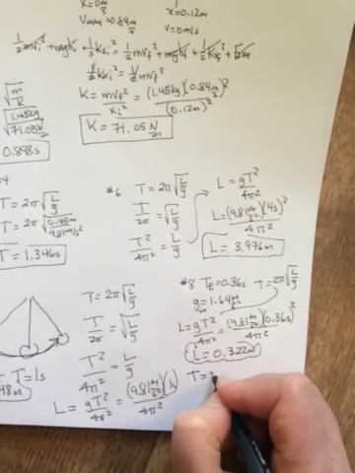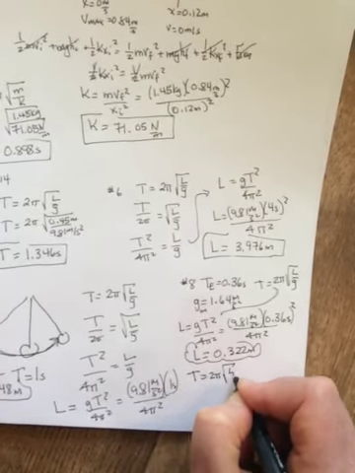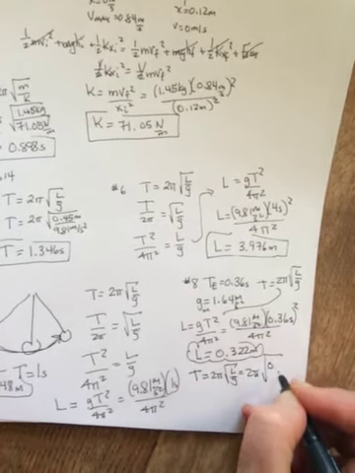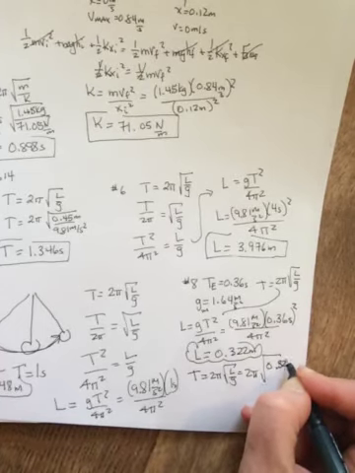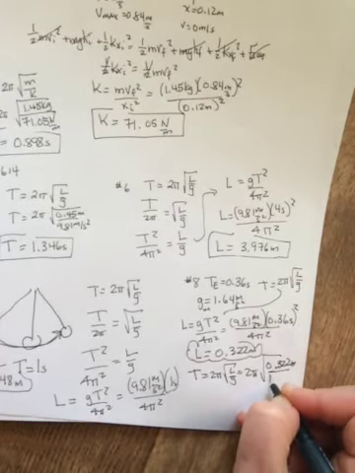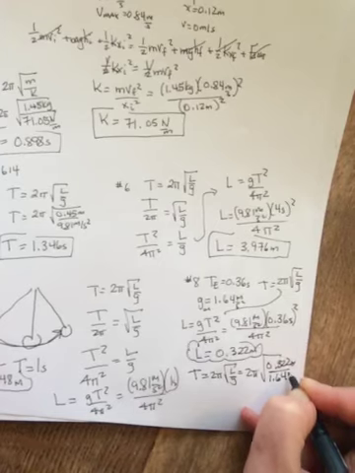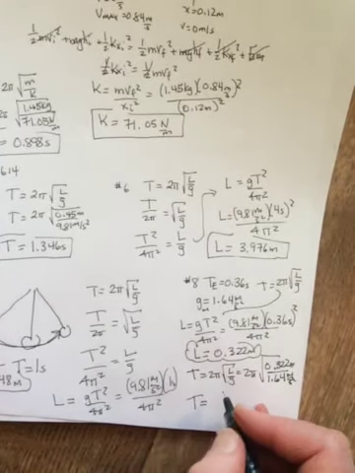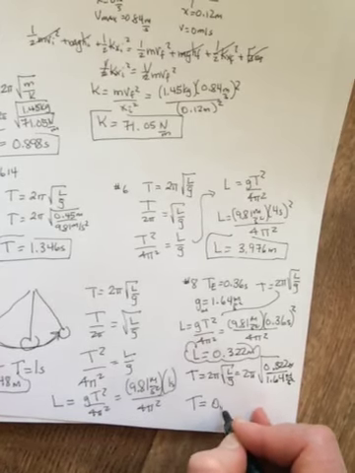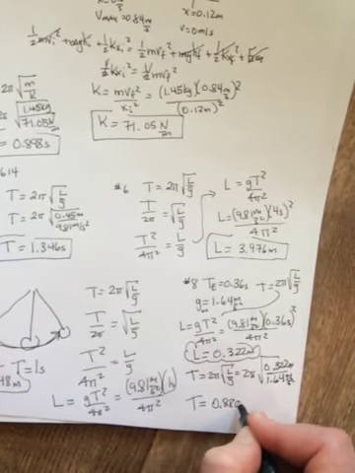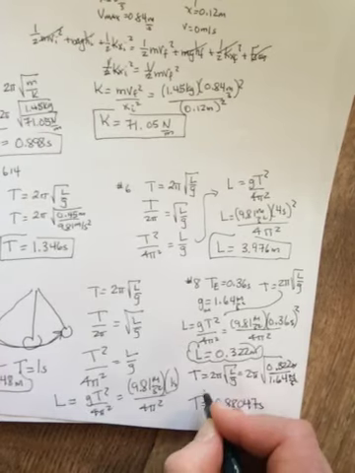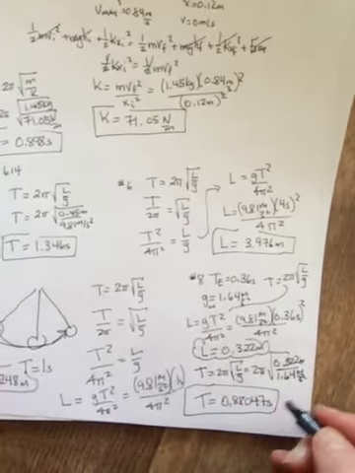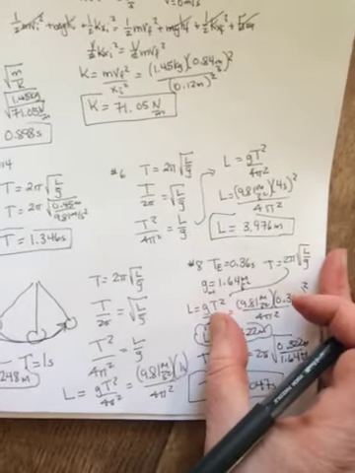So T is equal to 2π root 0.322 meters. And on the moon, the g is 1.64 meters per second squared. And so you end up with a T of 0.88047 seconds. Now, if some of you Googled the moon, you might have gotten a slightly different g, and so your T would be a little bit different, but don't stress, that's okay.